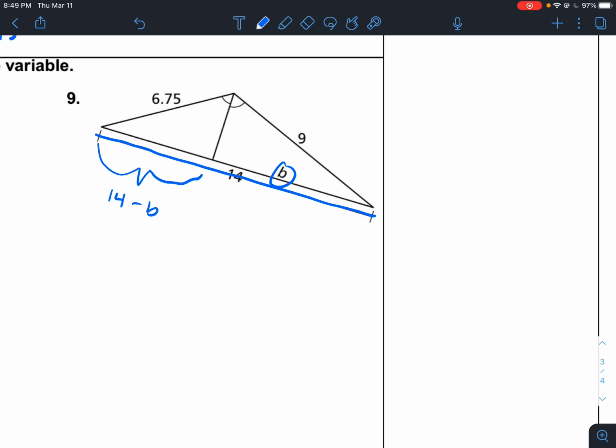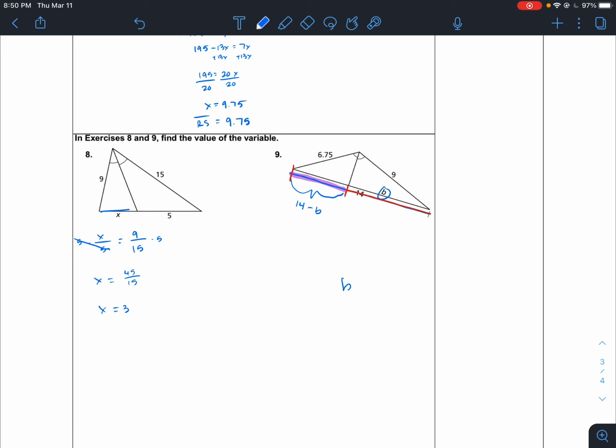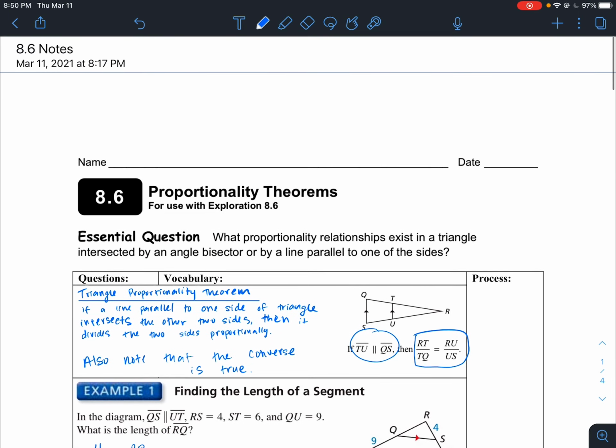So 14 subtract the length of b will give you your length right here. So you could use that to set up your ratio. Okay. You should expect an answer that b is equal to 8. So try it out and see if you can get that answer. But that should pretty much do it for us on proportionality theorems.